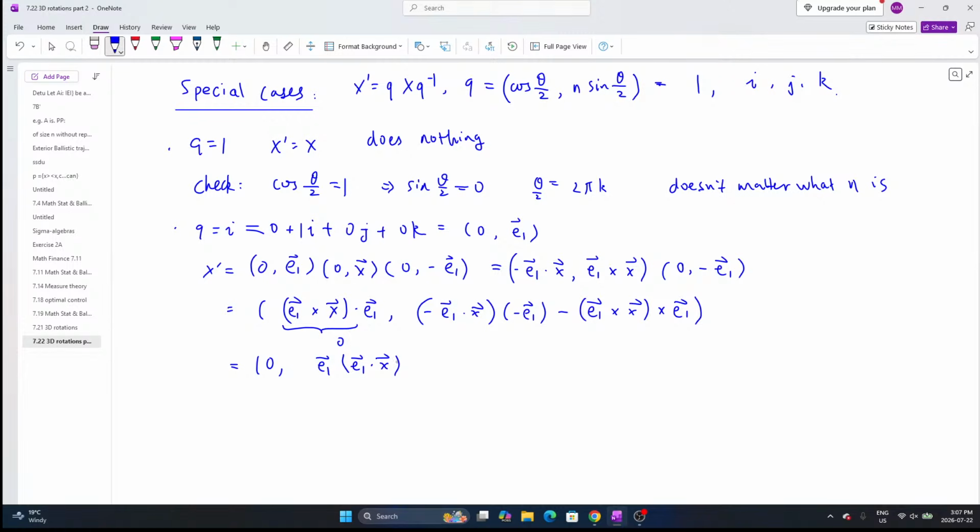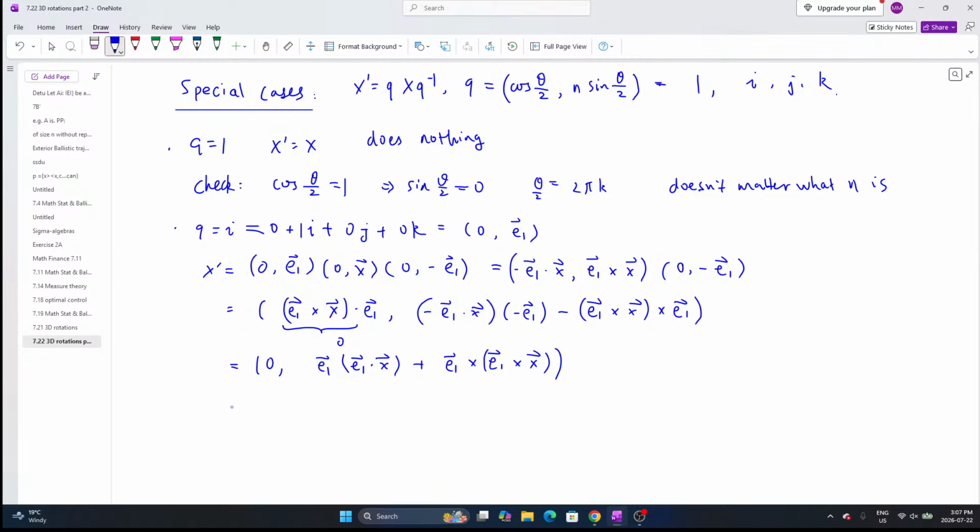E1 dot x, and here we need to use the BAC-CAB rule. So plus E1 cross E1 cross x.